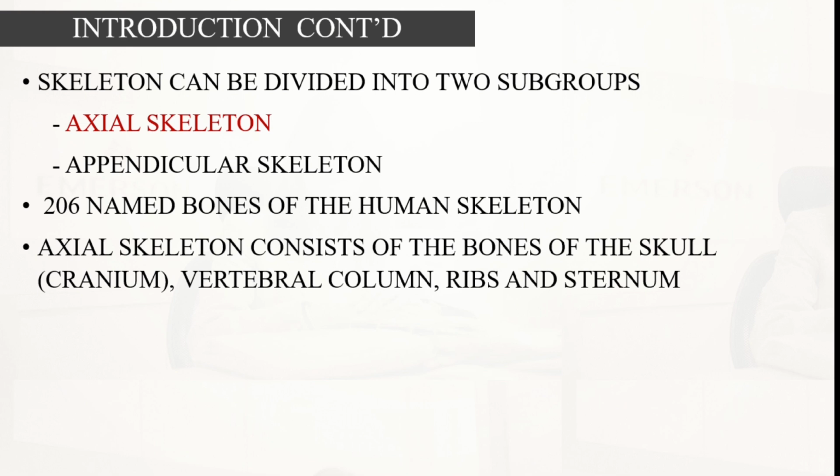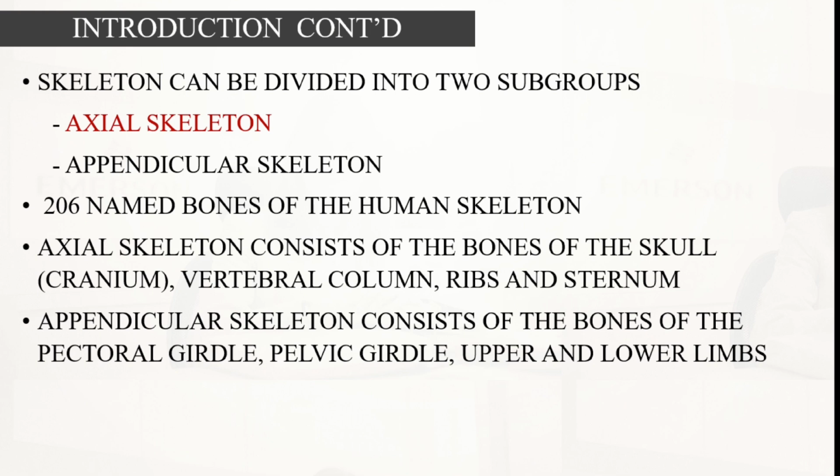The axial skeleton consists of the bones of the skull, meaning the cranium, vertebral column, ribs, and the sternum. Then the appendicular skeleton consists of the bones of the pectoral girdle, pelvic girdle, and the upper and lower limbs.